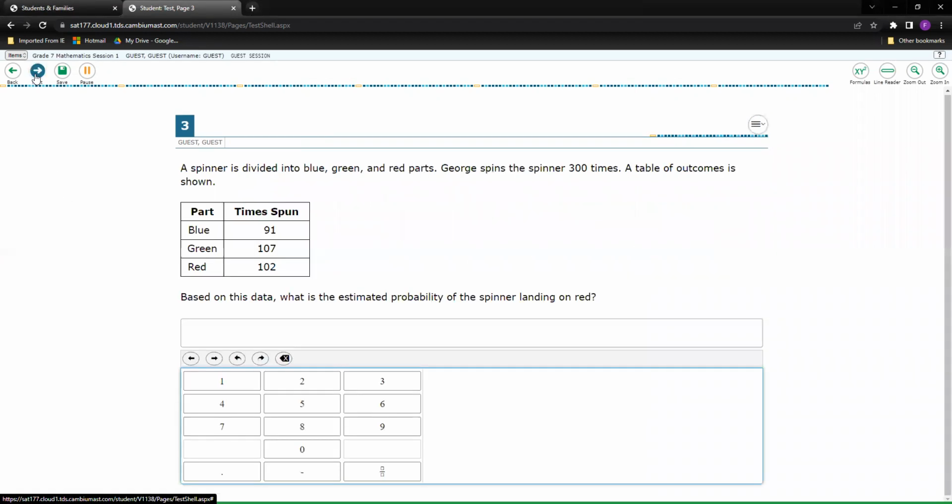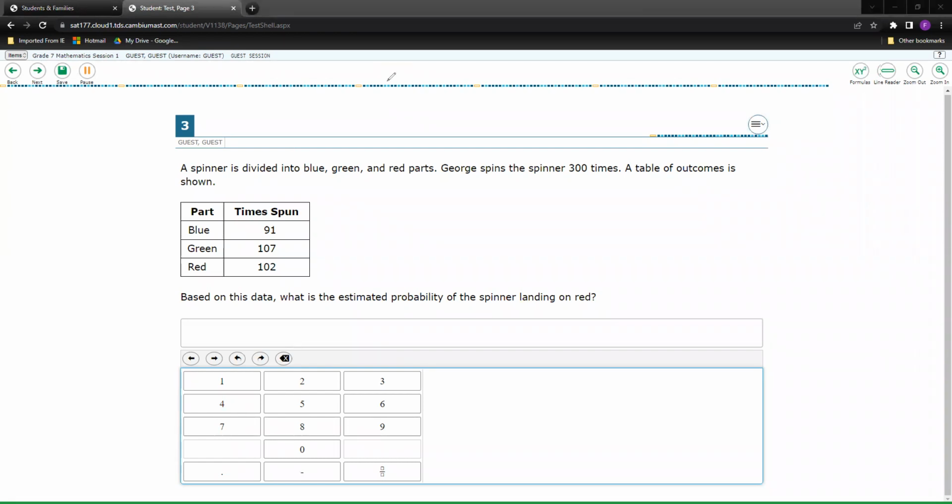Next question. Here we have an actual result of a spinner that was spun 300 times. We don't need to add those three numbers. They will add up to 300. They want the probability based on this data, not based on theory, but based on what happened.